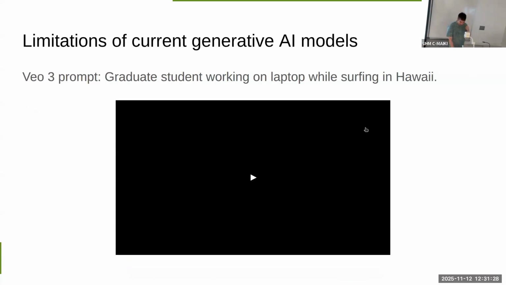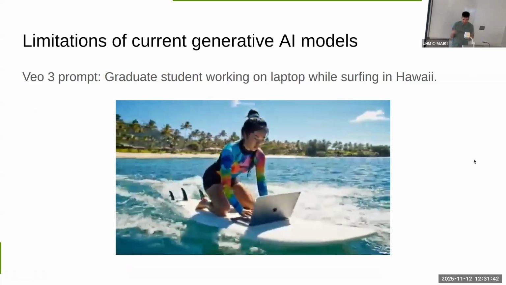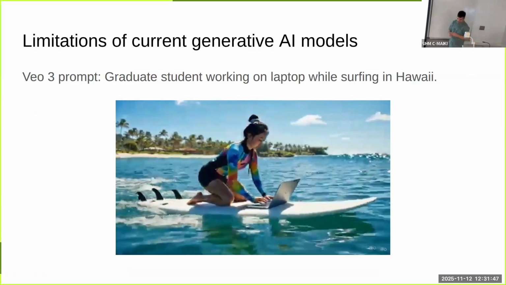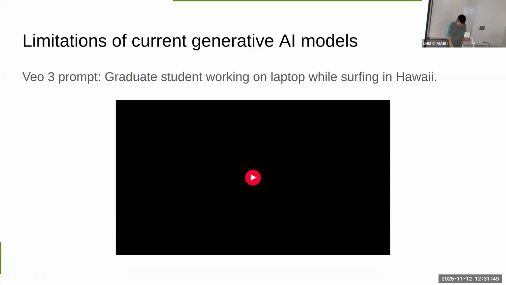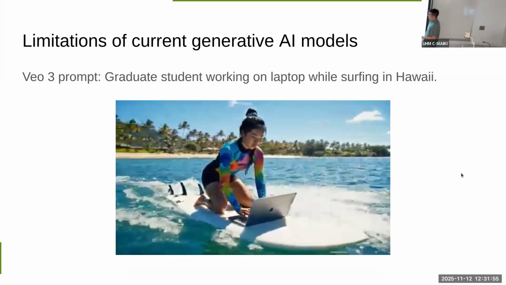Here's another example. I asked Google's Veo 3, the video generator, to show me a video of a graduate student working on a laptop while surfing in Hawaii. And it gave me a very good video. The quality is actually better than what is shown here.